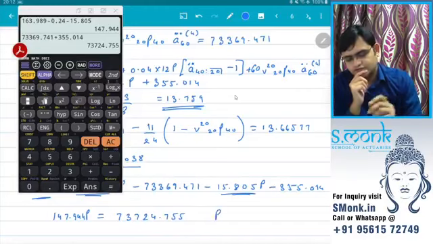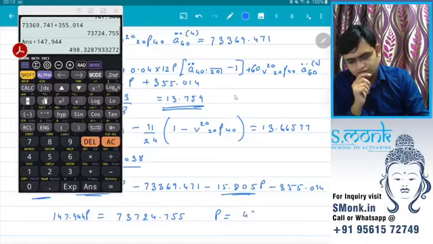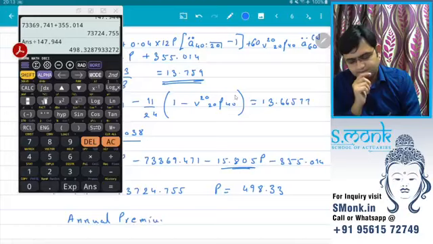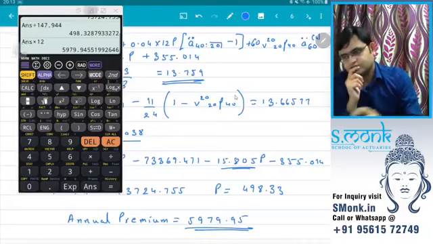So our P, that was our monthly premium, would be this much divided by 147.944. That becomes 498.33. But of course we wanted the answer as annual premium. Annual premium will just be into 12. This becomes our annual premium.